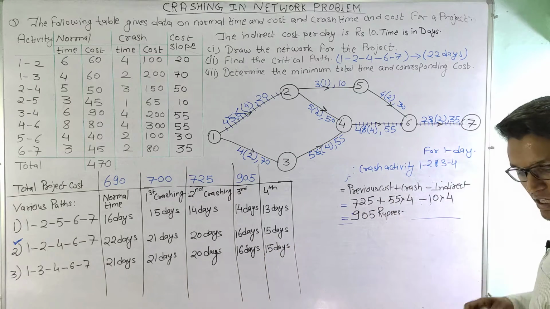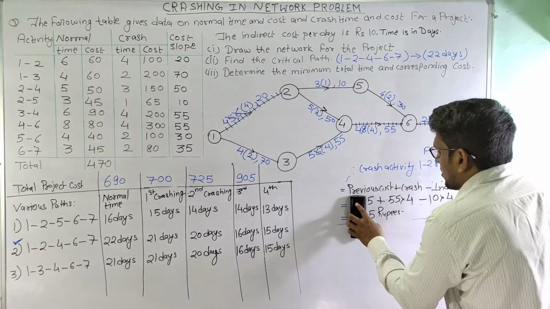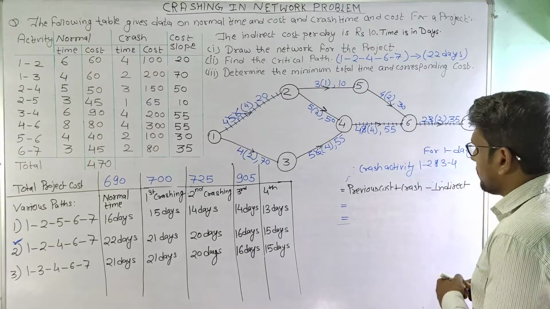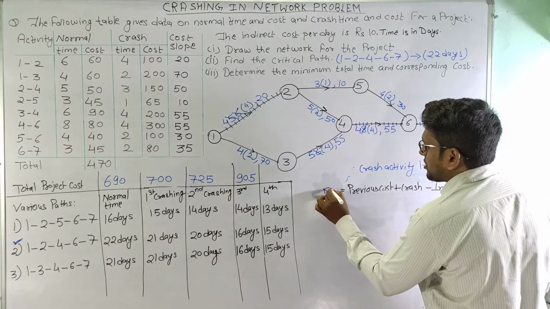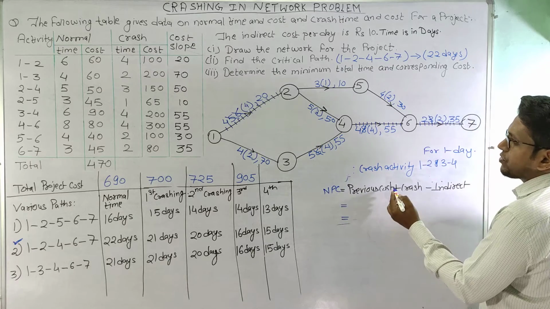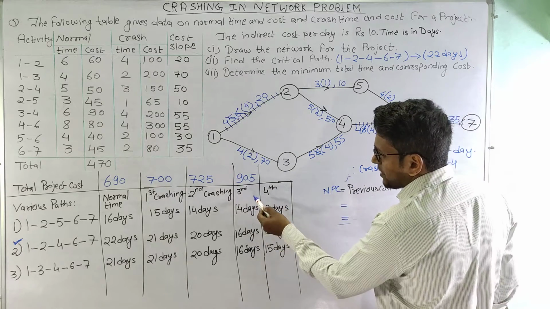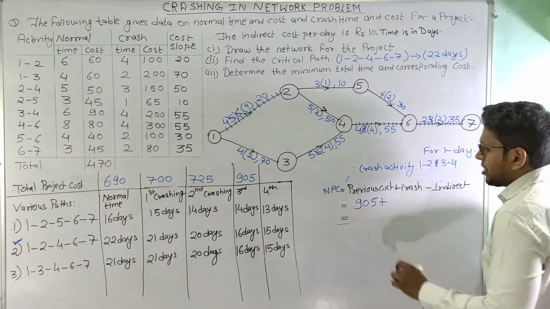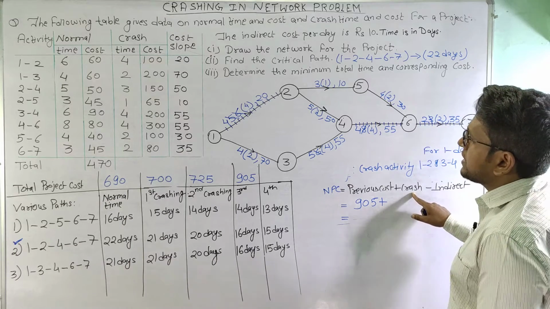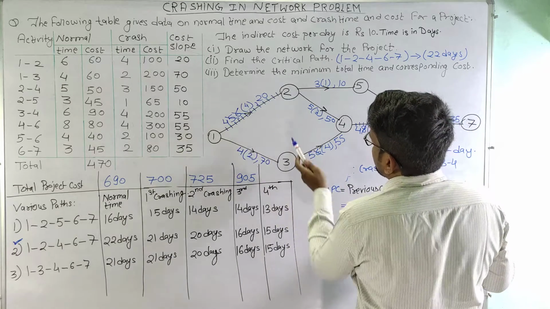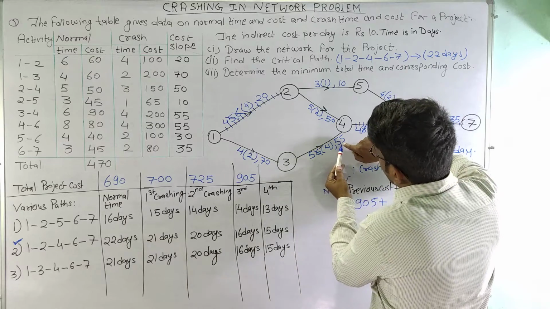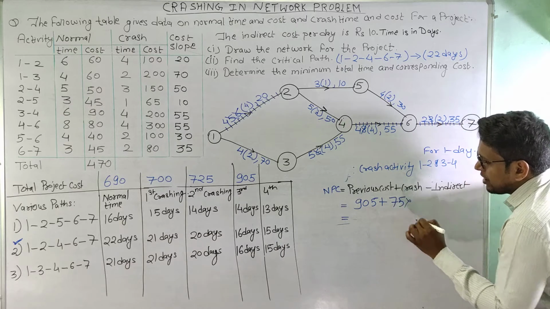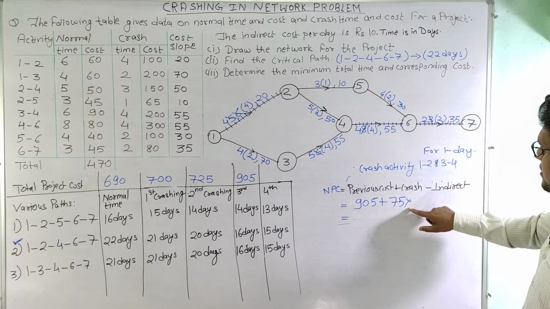Now let us calculate the cost here. So as we can see, the new project cost is the previous cost, that is the cost after third crashing, which is 905. So this will be 905 plus crash cost. As we can see that we are crashing activity 1 2 and 3 4 together, so the total crash cost is 55 plus 20, 75. So this is 75 multiplied by the number of days for which these activities are crashed.